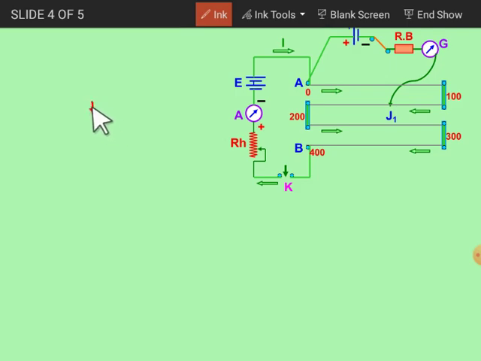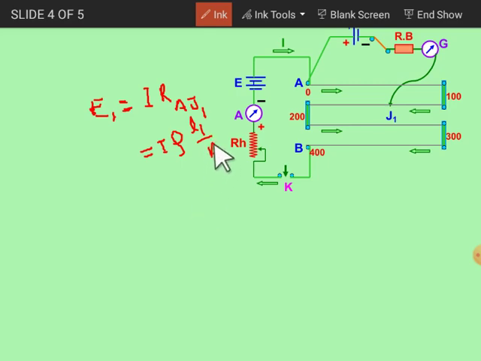Then your E1 will be equal to the current flowing through the potentiometer wire, I, times the resistance R of length AJ1. If AJ1 is denoted by a length, suppose L1, then we can write it as I times rho L1 divided by its cross-sectional area.